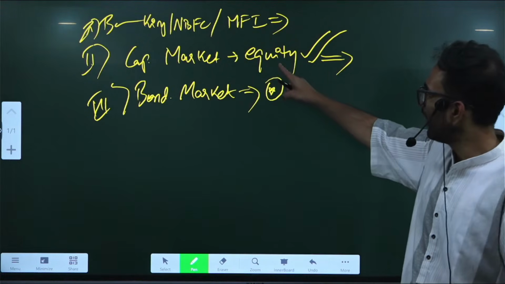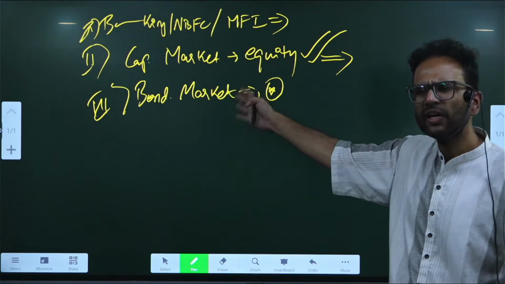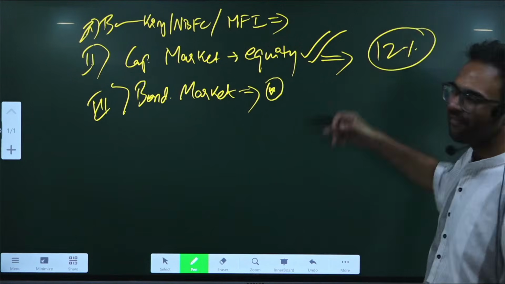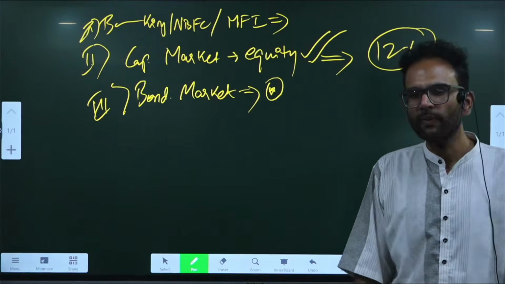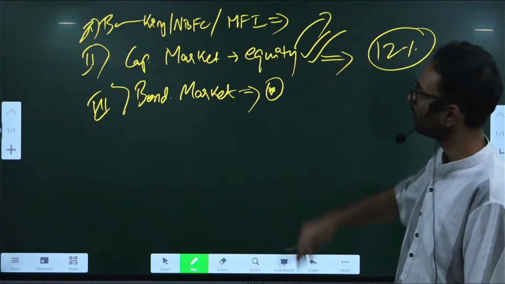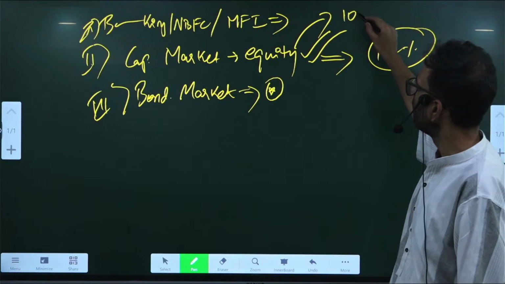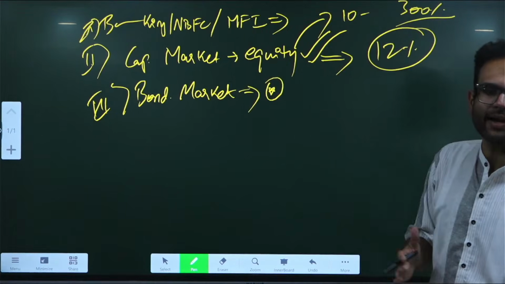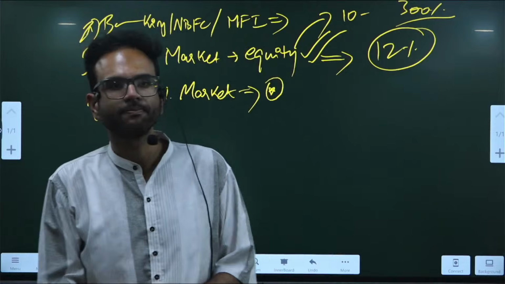So, as opposed to an FD, even the worst mutual fund is giving 12%, averaging it out. And equities, depending on your risk profile, give you anywhere between 10 to 300%, depending on how skilled and how knowledgeable you are in your background work.